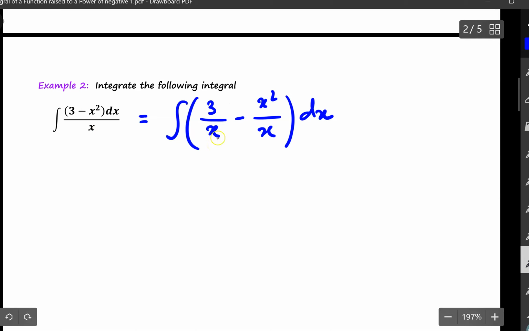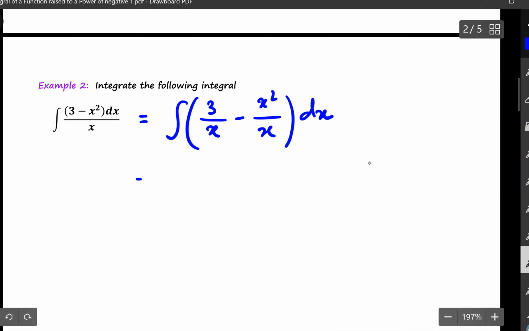So what I did is I break it into two fractions so that I can simplify my integrand further, and perhaps with the simplified version of this integrand, I'll be able to apply some formula that I have learned already.